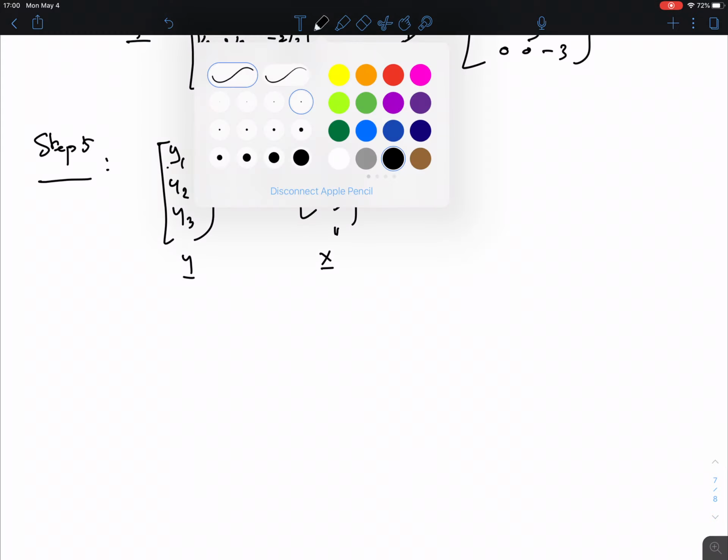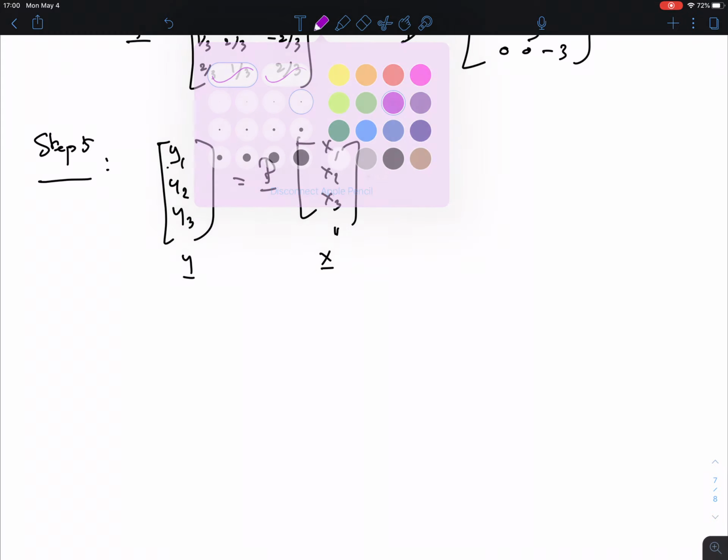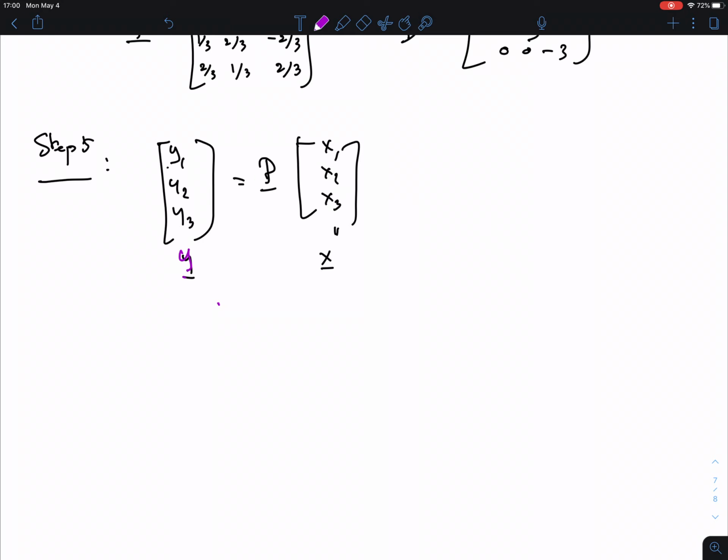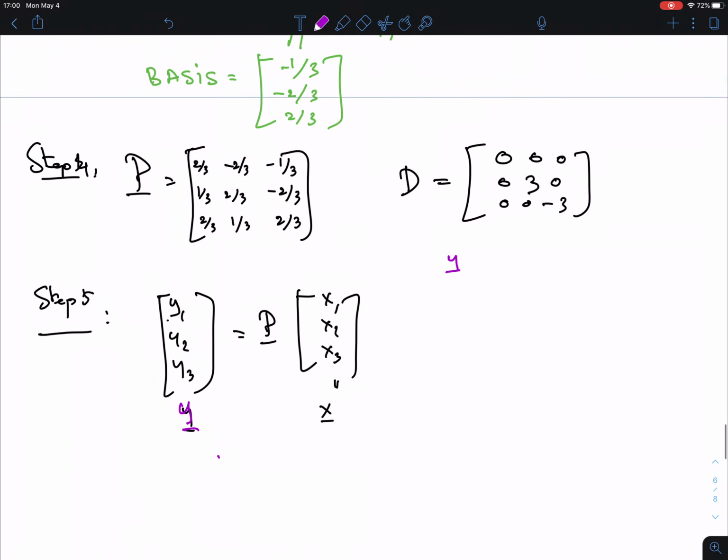So let me write it: y transpose D y, and we know what this comes out to be: 0 times y1 squared, 3 times y2 squared, minus 3 times y3 squared. Okay, so this is the diagonalized form of the original quadratic form.